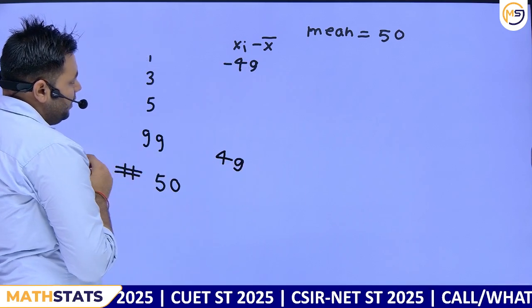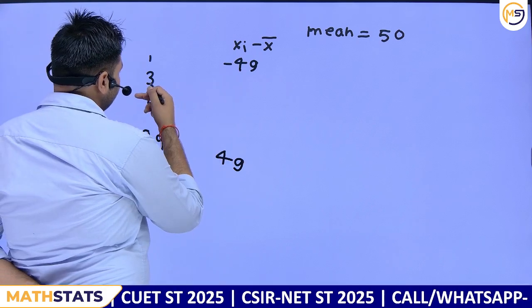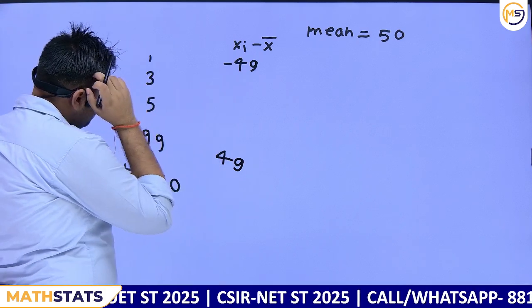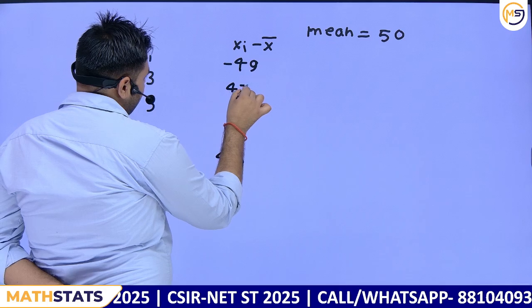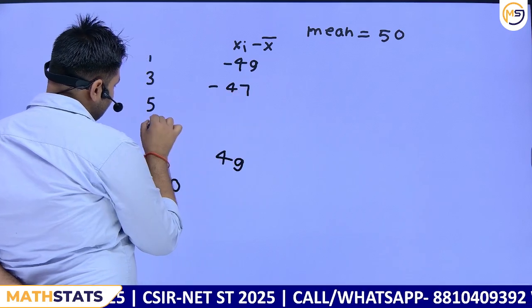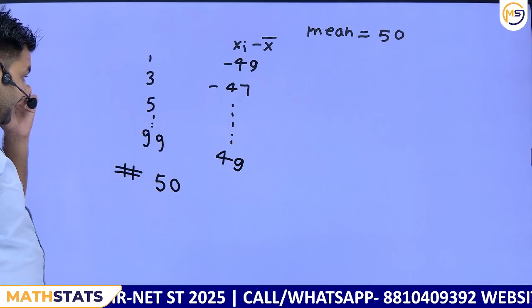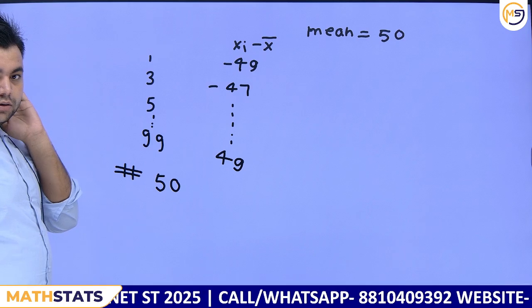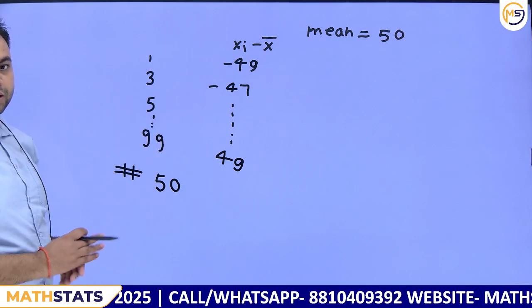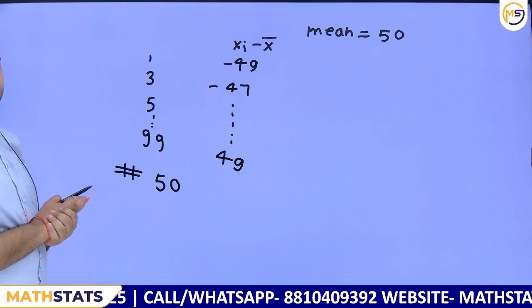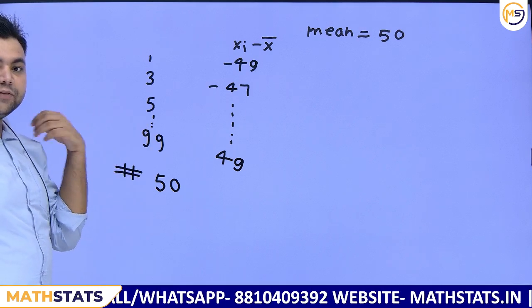Then the next is minus 47 and the last-but-one value is 47. So you will get minus 49, minus 47, and so on up to 49. Here one term you find is 49, okay?